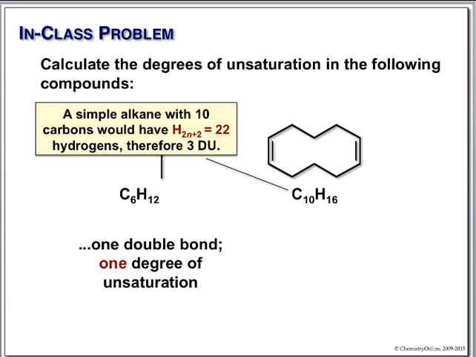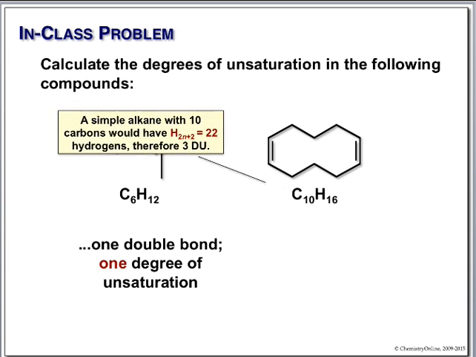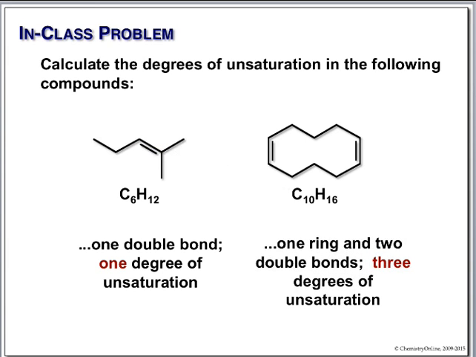We're missing 6 hydrogens. We have 3 degrees of unsaturation. Again, just looking at the molecule, we have a ring, that's 1. We have 2 double bonds, total of 3 DU.